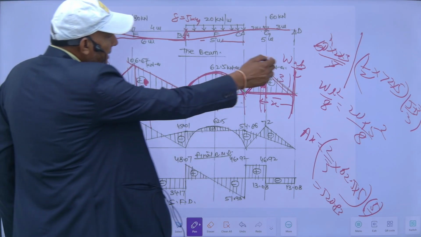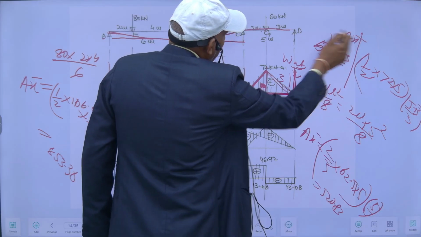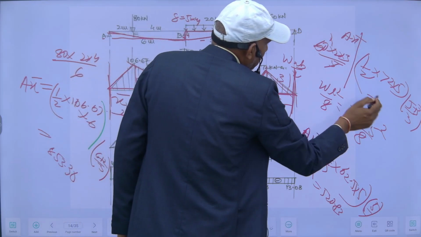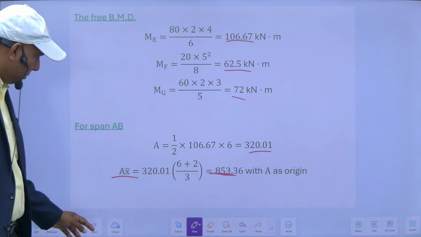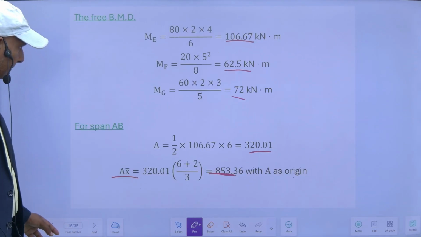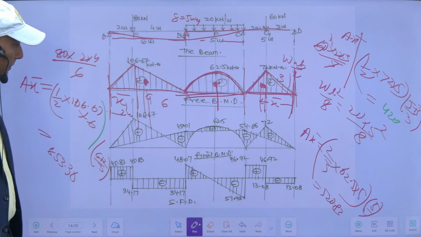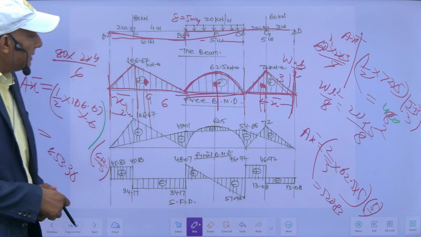With D as the origin, A x bar for this portion will be 480. So this I will get.